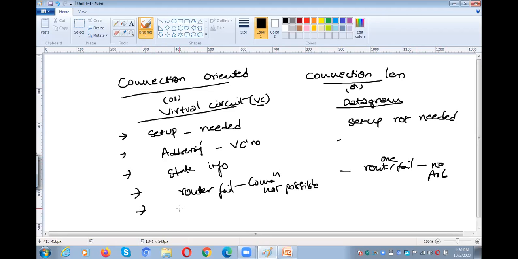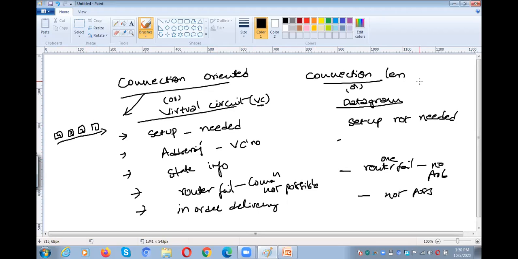And then here in-order delivery is possible. Here in-order delivery is not possible. Why? Because after the first packet, the second packet, and then the third packet, and then the fourth packet, all are using the same connection in the case of connection oriented.